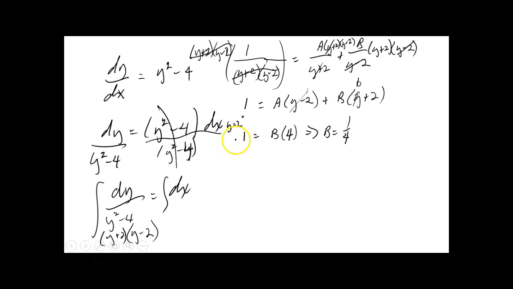Let's do the same thing again, but this time say y is equal to -2. Then you go back to the top, and you have 1 is equal to a times -4 plus b times 0. So a is equal to -1/4.